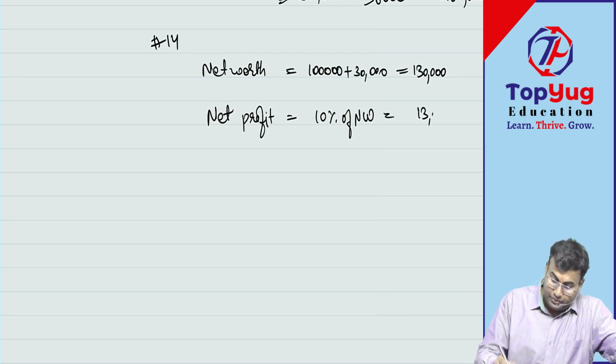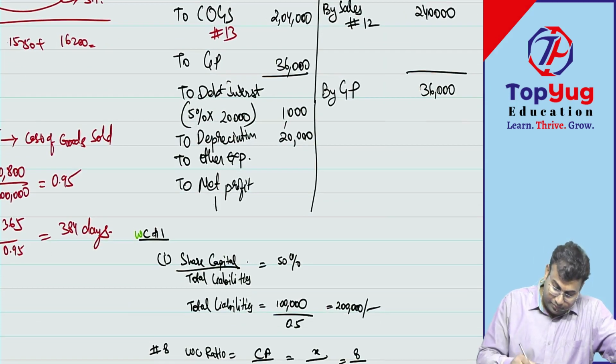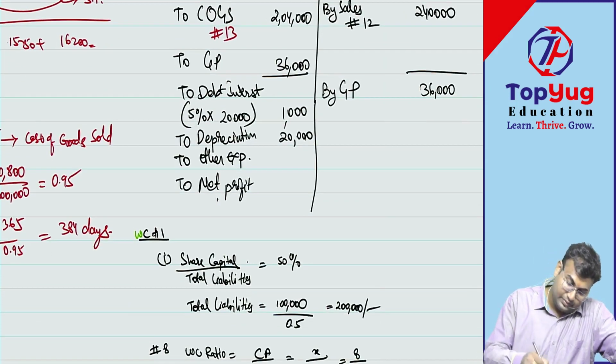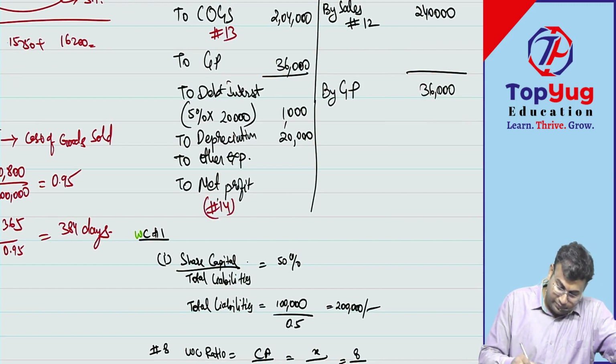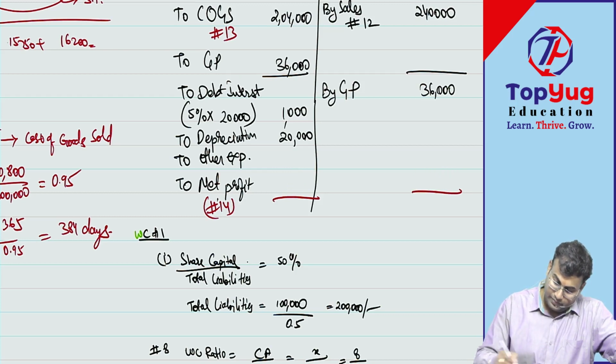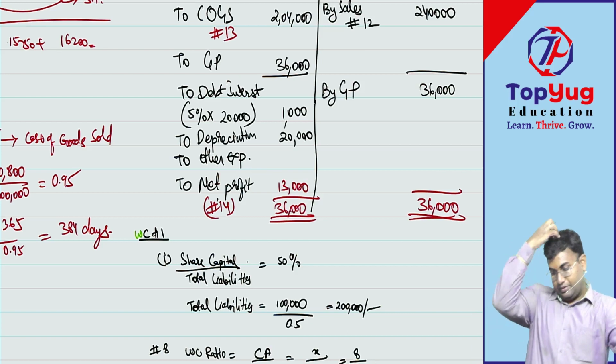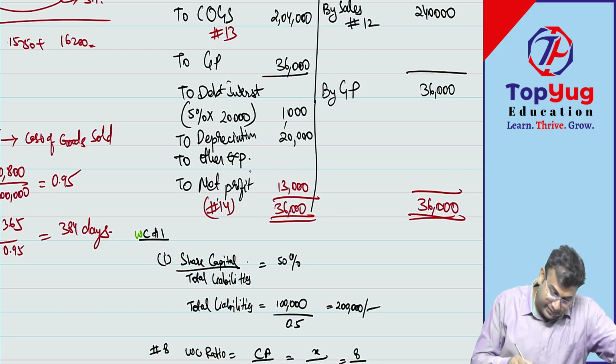So that is 13,000. Done. So can I write down 13,000? Do a calculation now. The total is 36,000, of which I have this as 13,000. So how much is the balancing figure? So that is other expense.